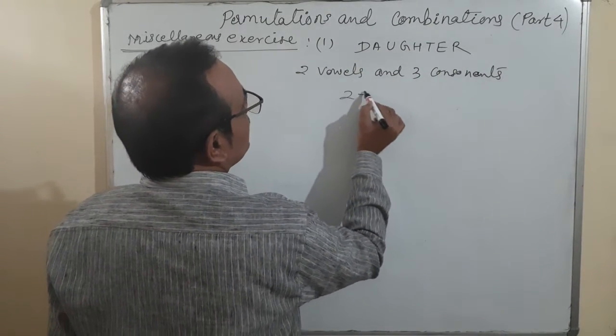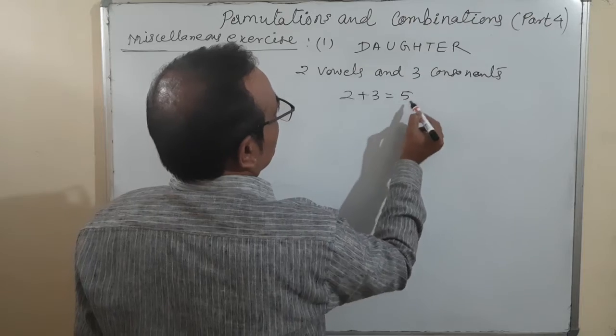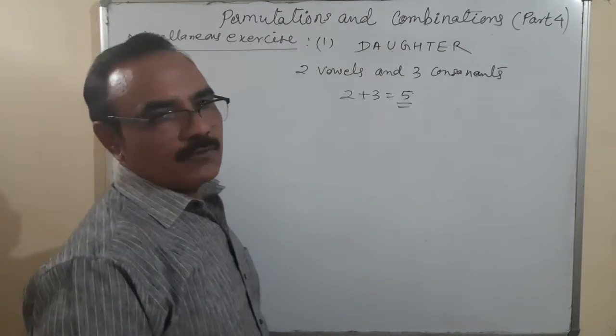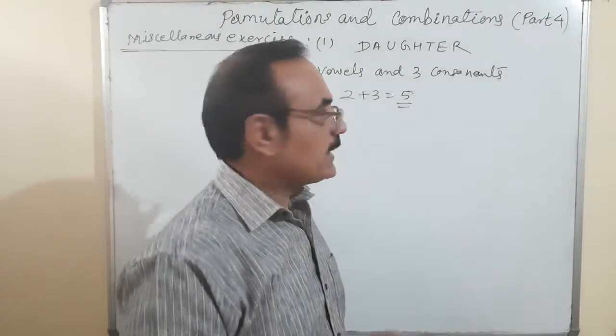So 2 plus 3, 5. We are going to make a word of 5 letters.